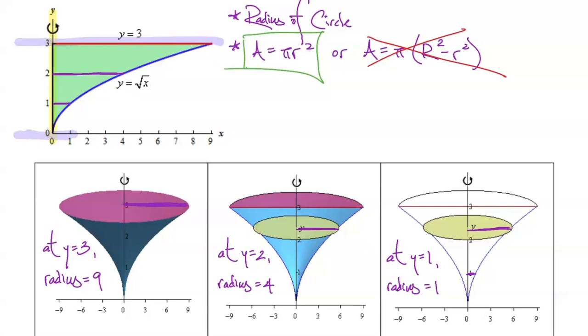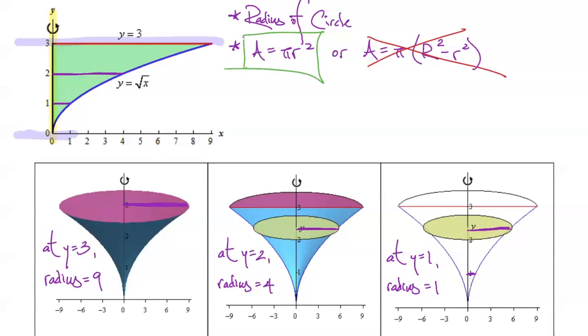Can someone tell me what they think the equation is for the radius? Like I take a y value, I have y equals 3, I get a radius of 9. Y equals 2, I get a radius of 4. Y equals 1, I get a radius of 1. How do I get that radius from my y value?